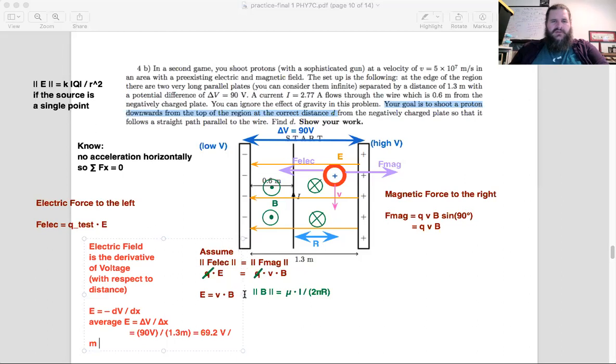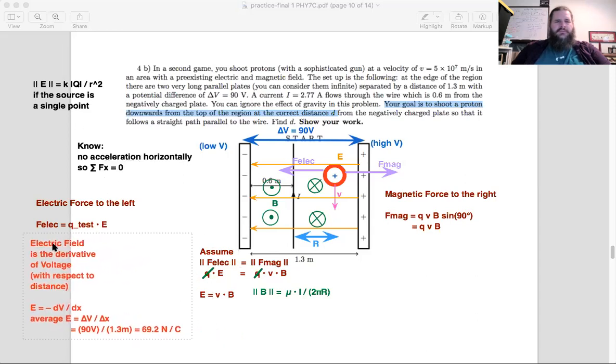But volts over meters is the same as newtons per coulomb, which might be a more useful way to write it here. So that's our electric field, 69.2 newtons per coulomb. And again, technically that's an average, but since the electric field is the same throughout this entire region, the average is the value everywhere. So we now know the electric field.